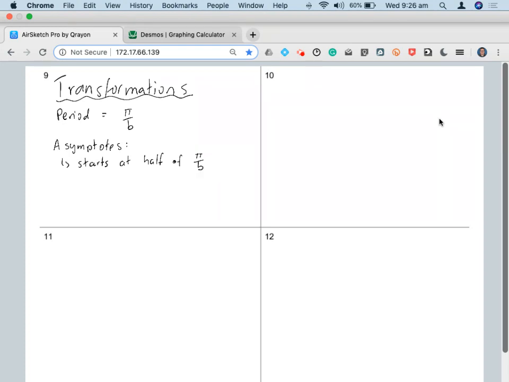That means pi on 2b is the first asymptote. That's where I would label my first asymptote, at pi on 2b.